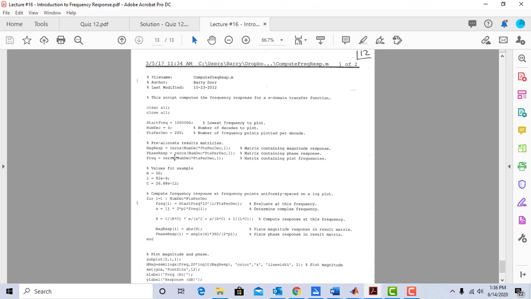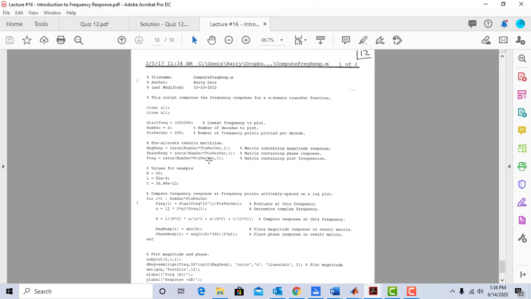And for these, I tell Matlab, just define a matrix and put zeros in it with this many rows and that many columns. You don't have to use these statements, but Matlab will complain that the size of the array is increasing on every iteration and therefore it'll take longer to run, but it runs so fast, it doesn't really matter.